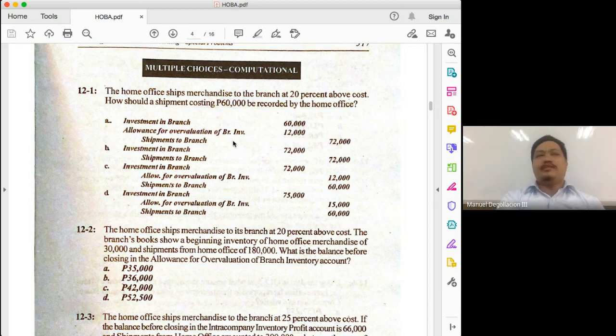But of course, the branch will not know anything about the true cost of the inventory. As far as the branch is concerned, whatever is the billed price given by the home office, that would be the cost as far as it is concerned. Okay, so the issue really here is on the perspective of the home office because the home office adds a markup on the shipments that it gives to the branch.